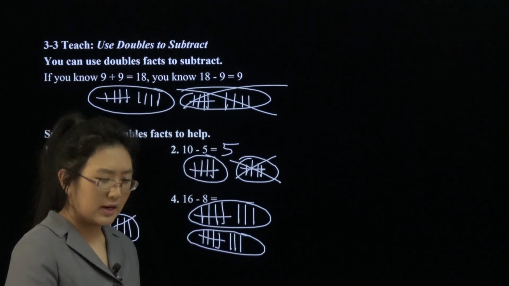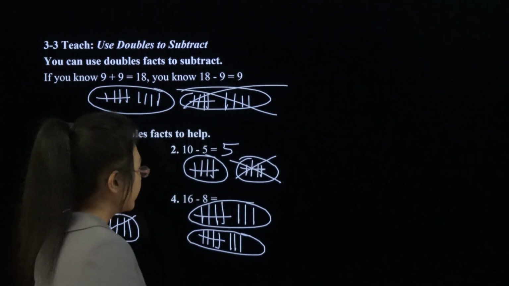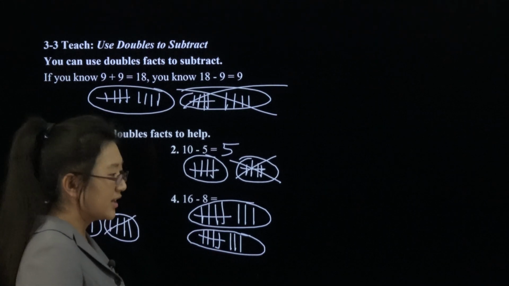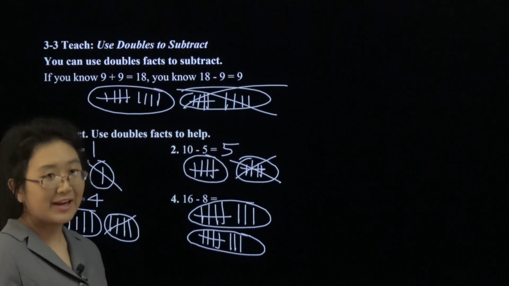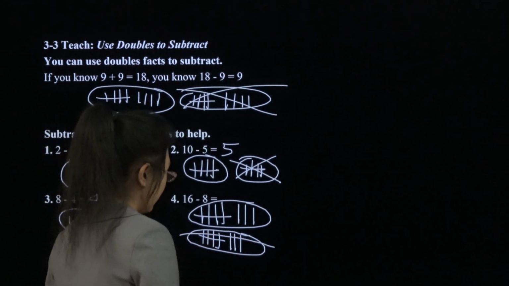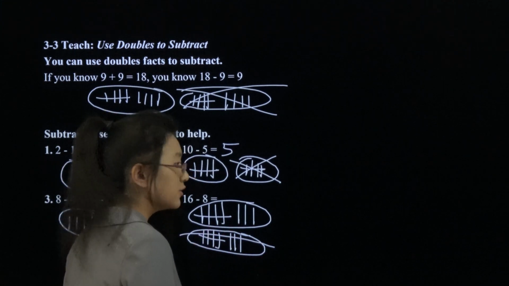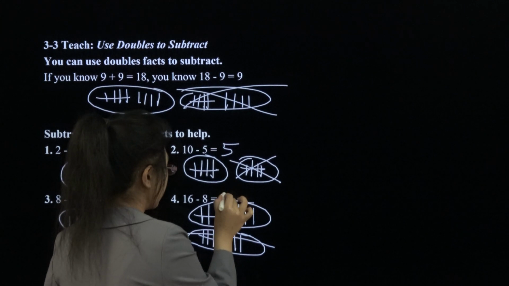Because I'm pretty sure, at least for where I'm from, a lot of the time they come in a pack of 8. So you have 2 packs, both of them have 8, 8 plus 8, you have 16 hot dog buns, but you use 8 of them. And then you're left with one more pack, which is 8. 16 minus 8 equals 8.